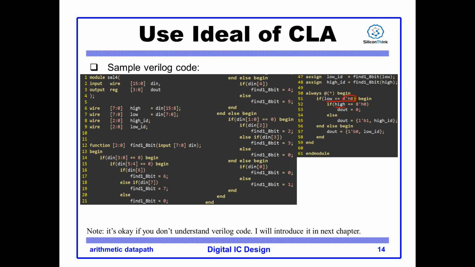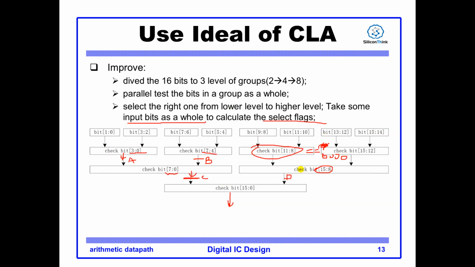We use the lower 8 bit, take it as a whole to test whether they are all 0. If this is true, the bit equal to 1 must be in the higher 8 bit. So if this is not true, the location, the bit equal to 1 must be from the lower bits. Okay. So this if else design is equal to this point, equal to this point.